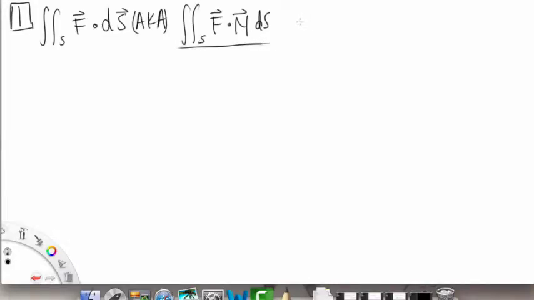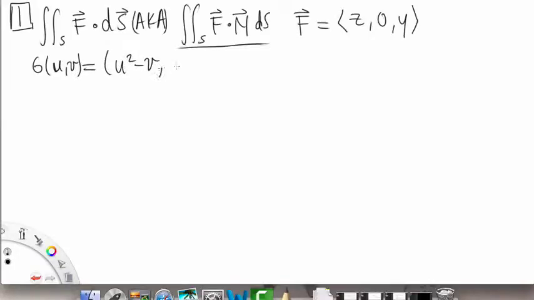So the given vector field is z, 0, y, okay? And our given parameterization is g of u, v equals u squared minus v, u, and then v squared, okay?